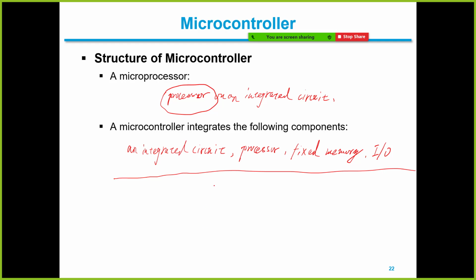So now you can see what the differences are. A microcontroller is an integrated circuit that encapsulates processor, memory, and I/O peripherals, but here it's fixed size. The memory is usually very small, and the I/O peripherals are also limited. And for the microprocessor, although it's also an integrated circuit, it's just the processor itself.